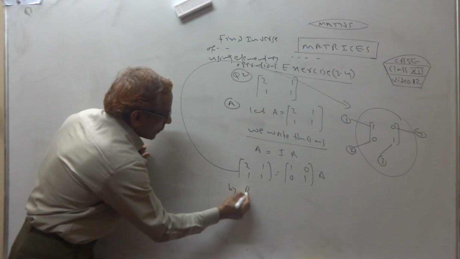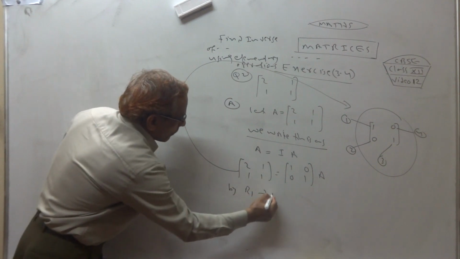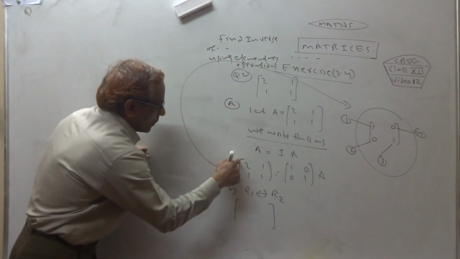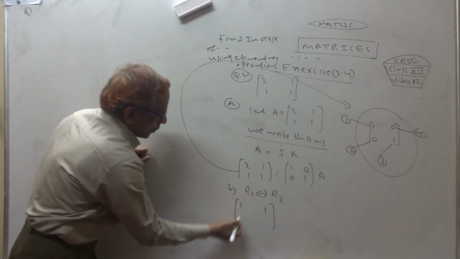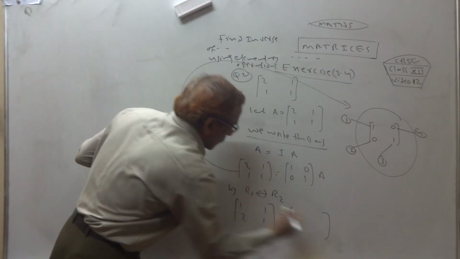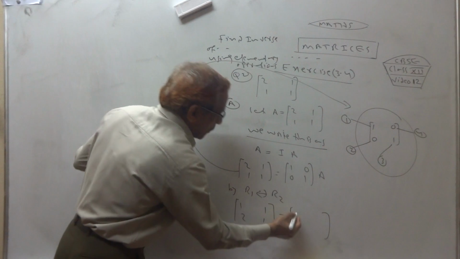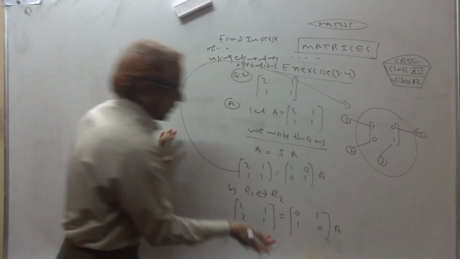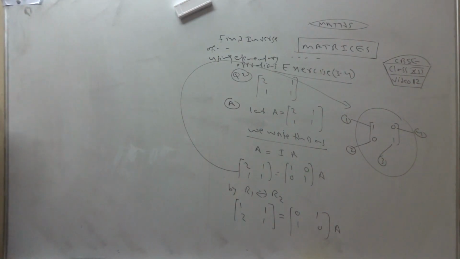So we have the first operation, R1 and R2 are interchanged. So 1 1 comes here, 2 1 goes there. Interchange is equal to both the sides. Whatever you take, both the sides. 0 1 comes here, 1 0 comes there. Right? So I got 1.